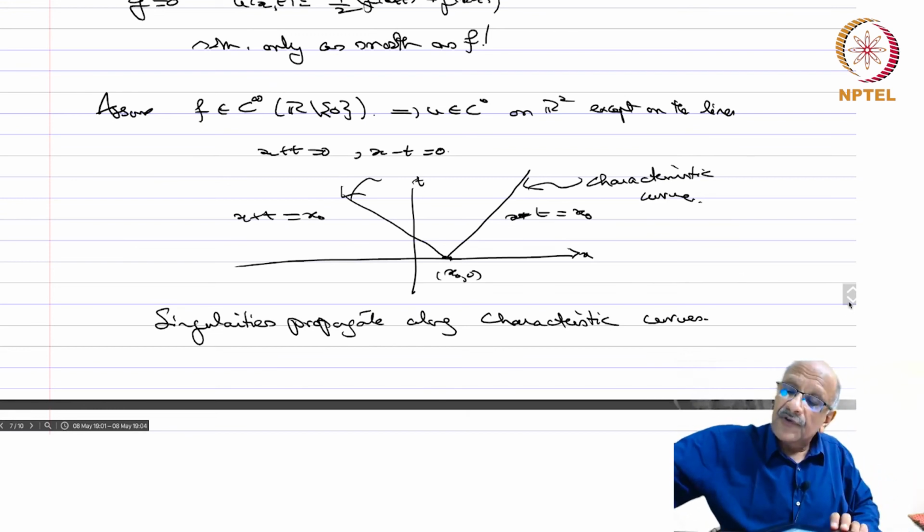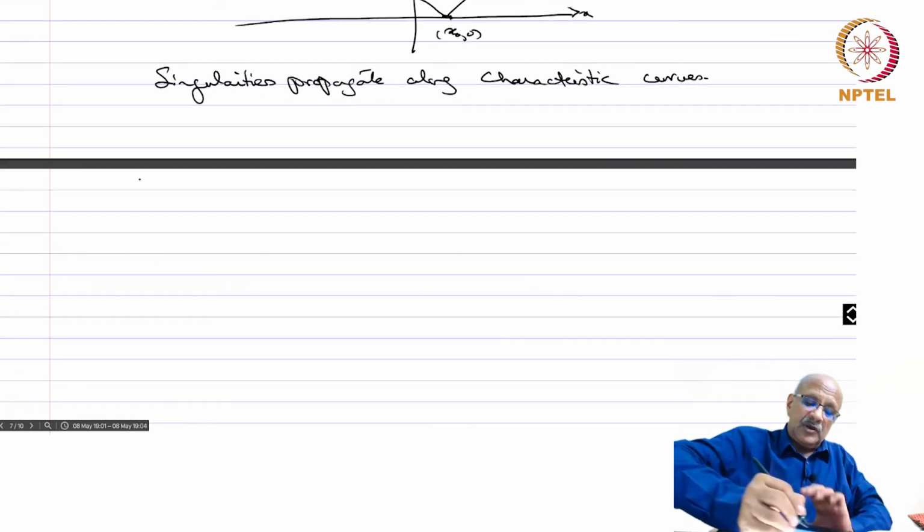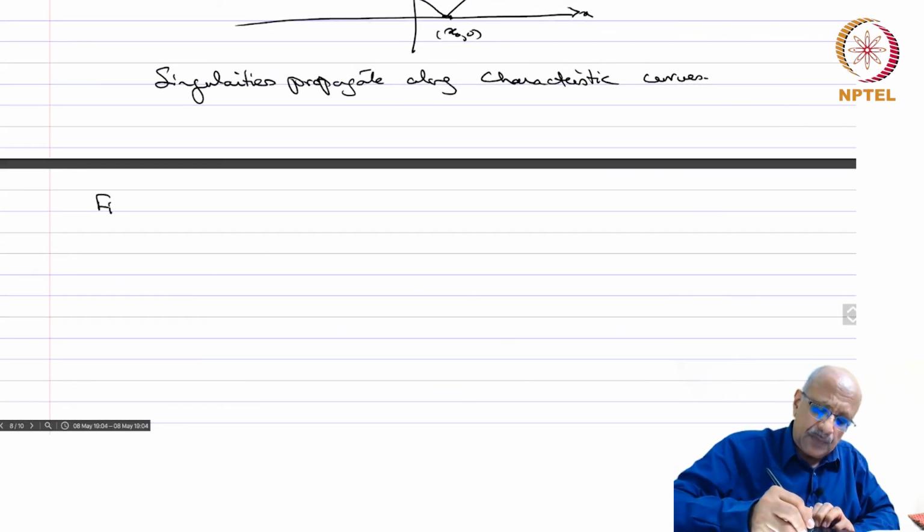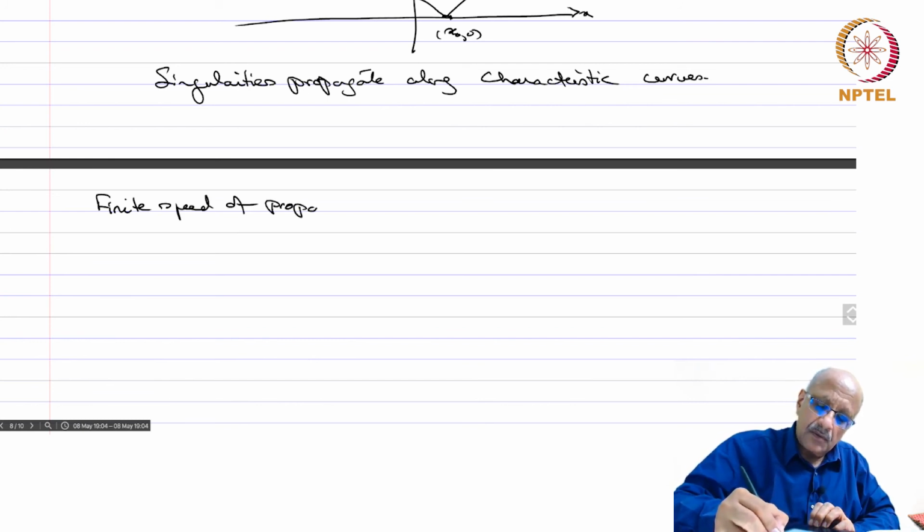Another important difference between the wave equation and the heat equation is finite speed of propagation of signals.